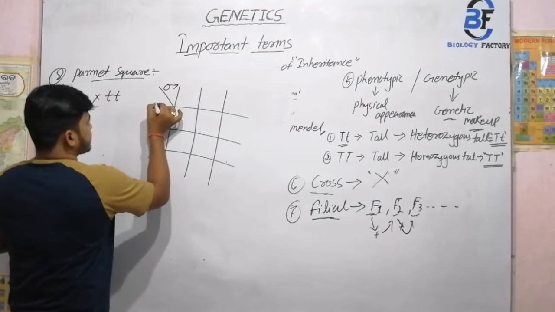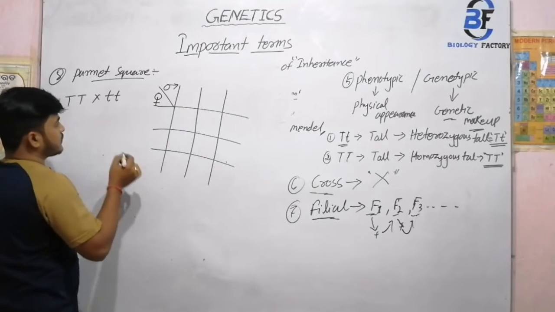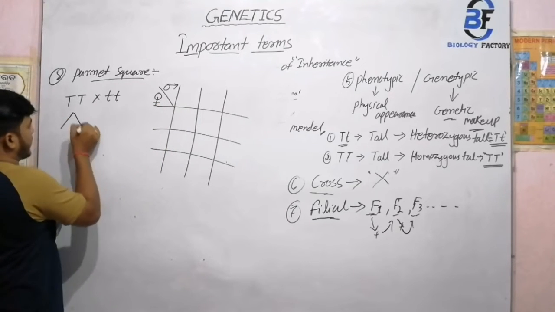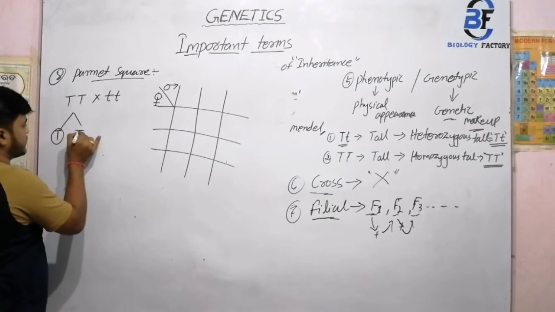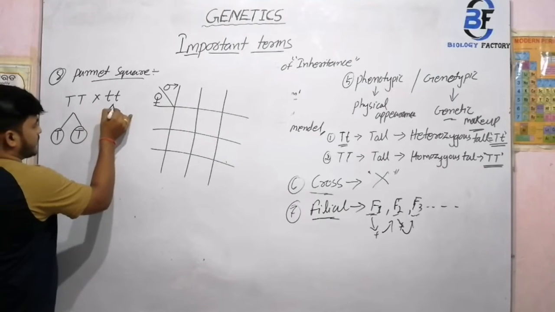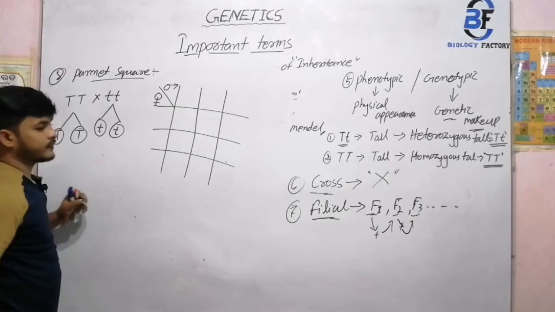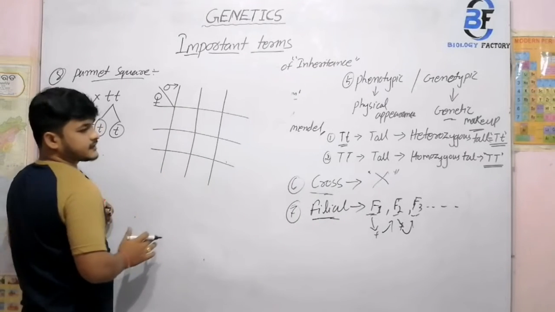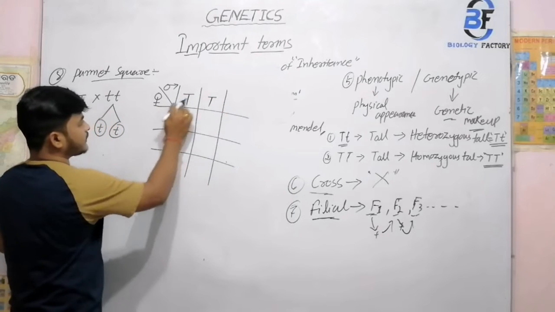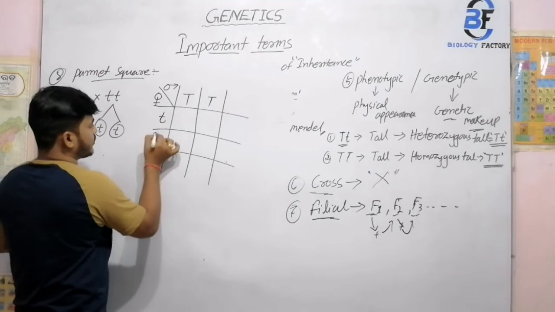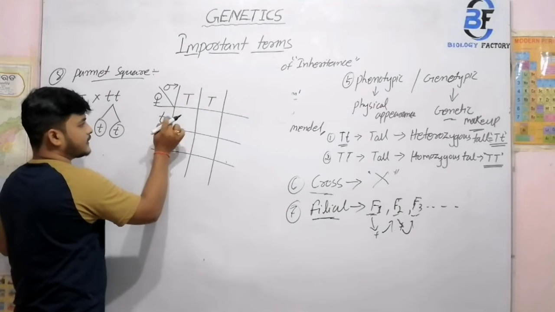Suppose this is the male set and this is the female. First write the gametes. These are the alleles. If we plot it in a Punnett square, it is capital T from the male set and small t from the female set. Next we cross capital T and small t.